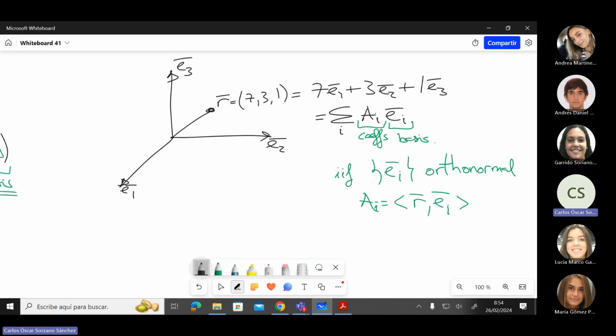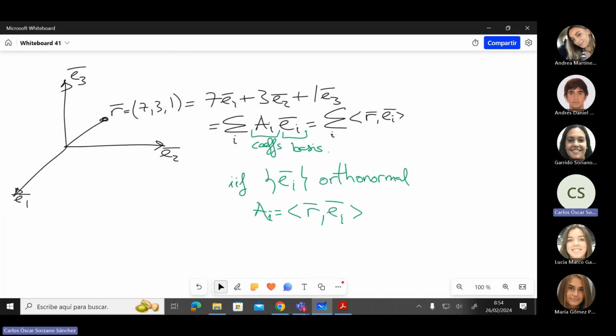So I can substitute that there, and this is the sum of my vector. So let's see what that is.